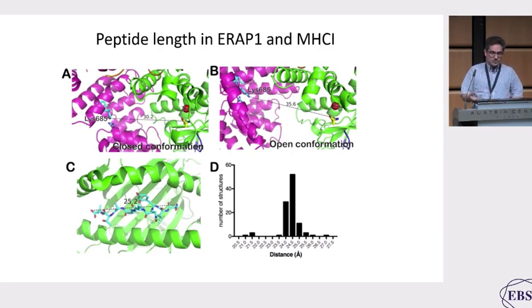It's about 30 angstroms, which is about sufficient to accommodate peptides that are 1 or 2 amino acids larger. So we think this is the basis for length selection. We essentially have peptides being grabbed by the ends, and these ends are appropriately spaced, so they can only trim peptides that are a little bit longer than what is necessary for binding to MHC.